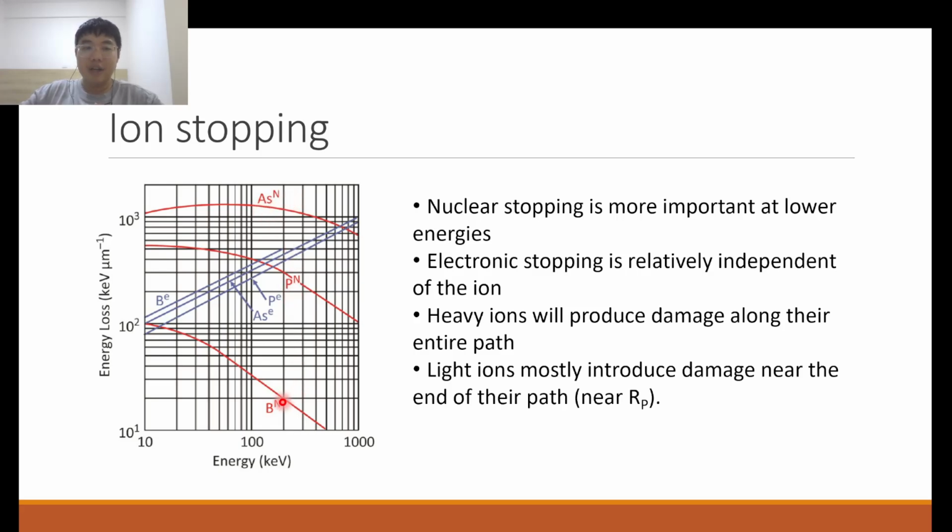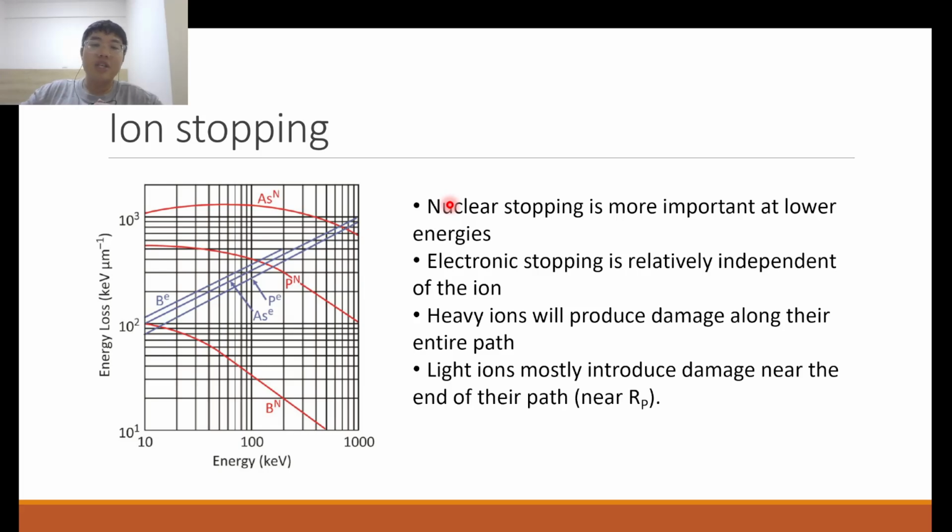So it's more significant for your ions of higher mass. This makes sense, because when the ions are of high mass, when they collide with the silicon atoms, they tend to lose energy faster. However, we see that electronic stopping is relatively independent of the ion. These straight lines are relatively close together.